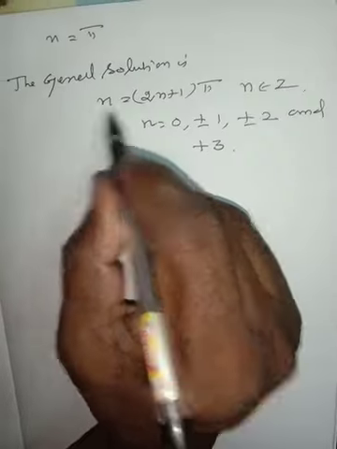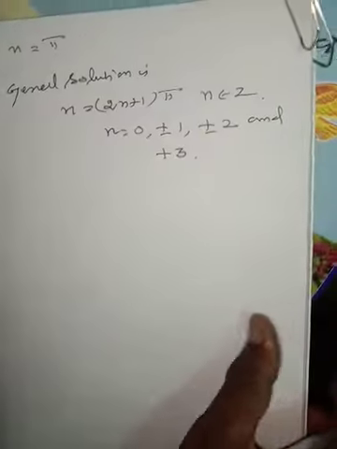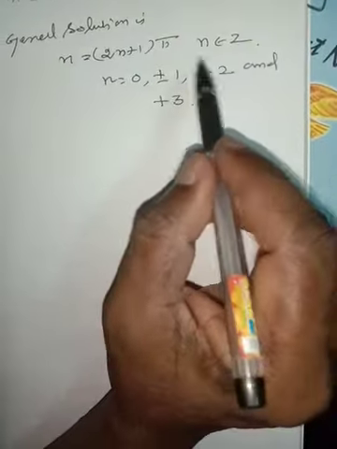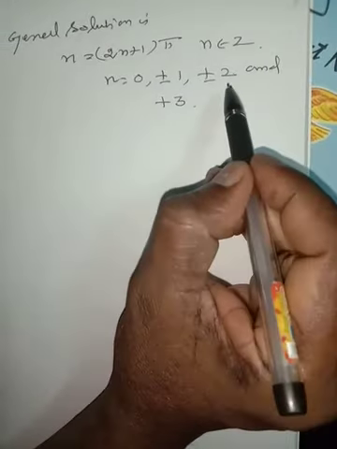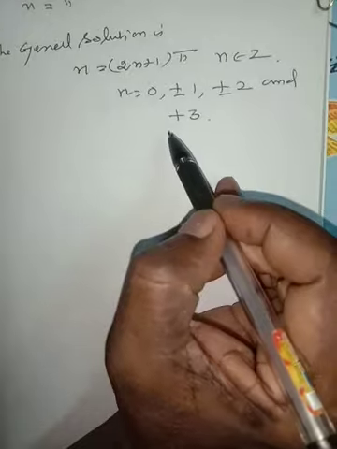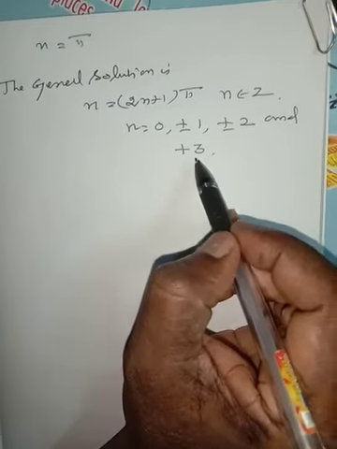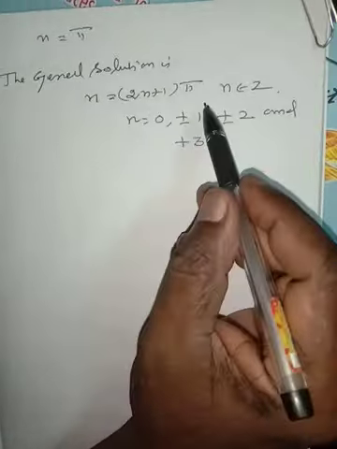For negative 3 we cannot get a solution in the range. Therefore n is 0, plus or minus 1, plus or minus 2 and positive 3, and we get the solutions.